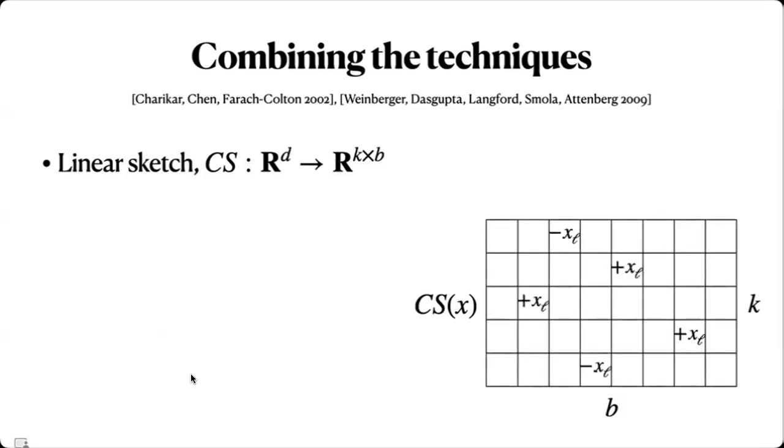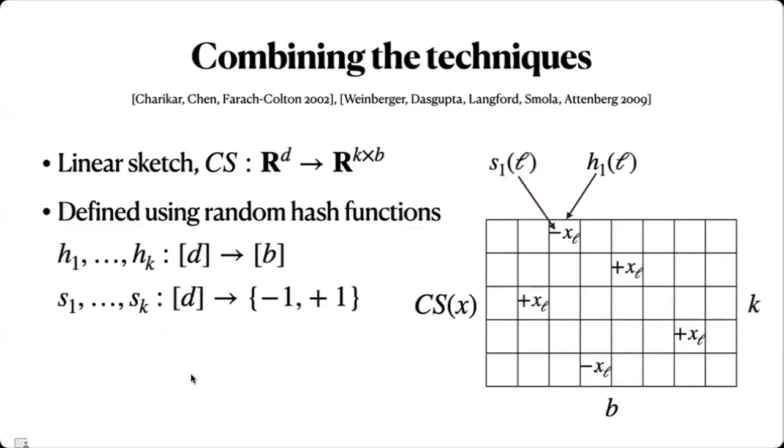And the idea is that entry number l of the vector affects one and only one entry in each row of this sketch. And we use a random sign for each row. The position and the sign are, again, determined by hash functions.